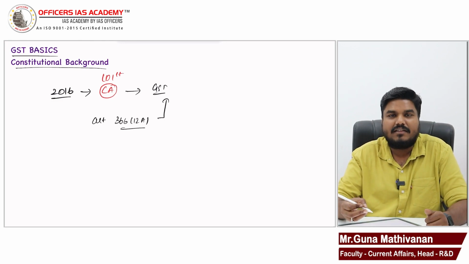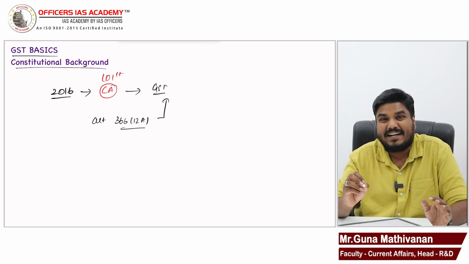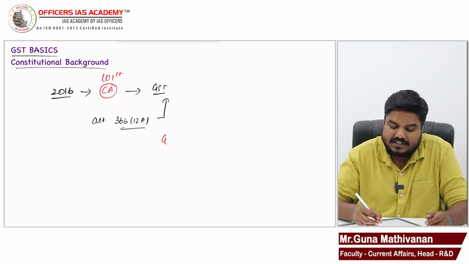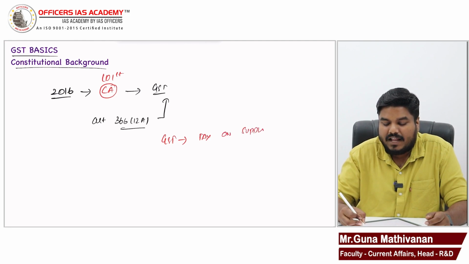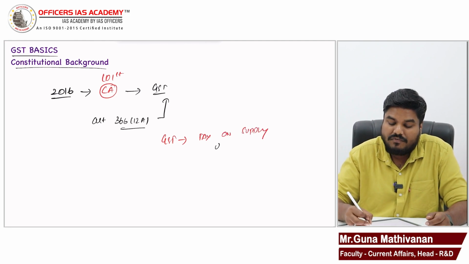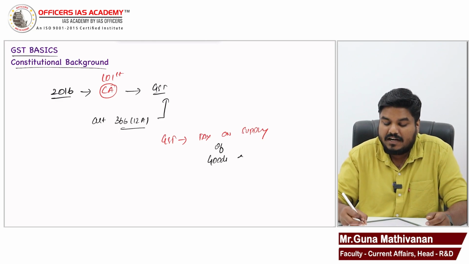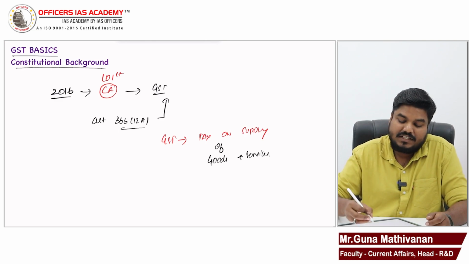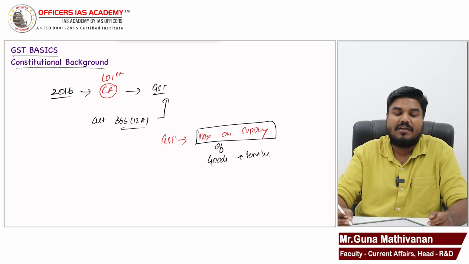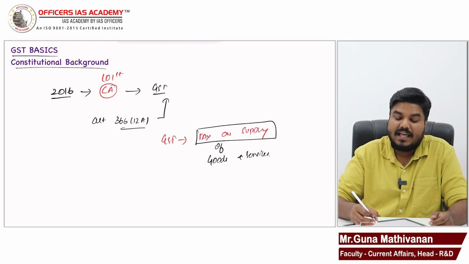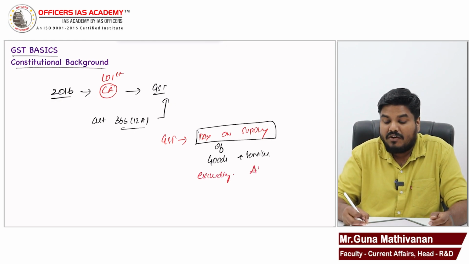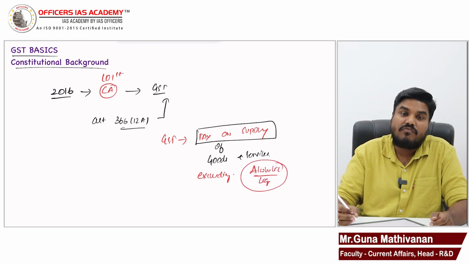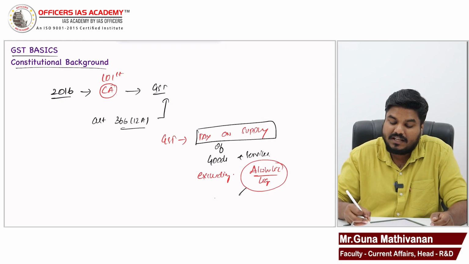So what does Article 366 Clause 12A define? It says GST is a tax on supply of goods and services excluding alcoholic liquor for human consumption.